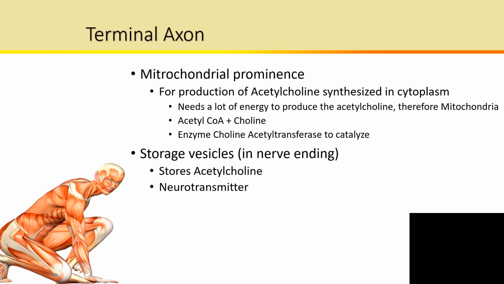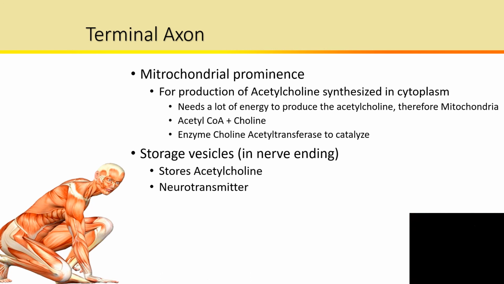And acetylcholine is basically made from acetyl-CoA plus choline, and that combination is made into what we call acetylcholine. It's the enzyme choline acetyltransferase that catalyzes this reaction. We talked about before how the cholinesterase breaks down the acetylcholine so it doesn't keep on stimulating the muscle.